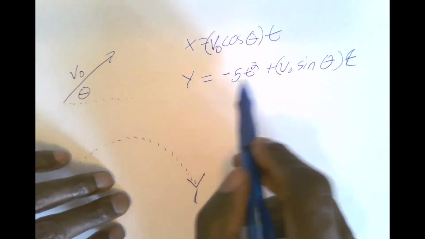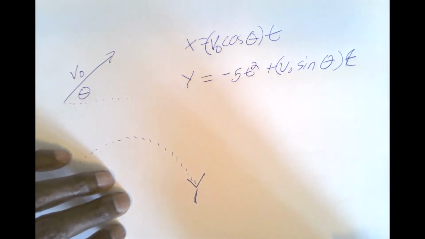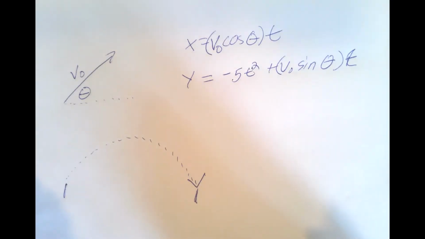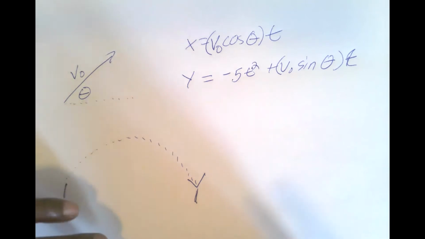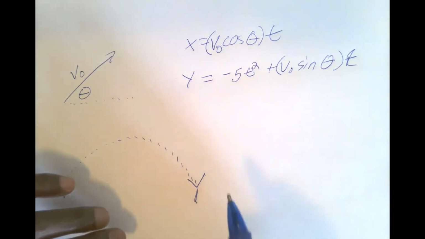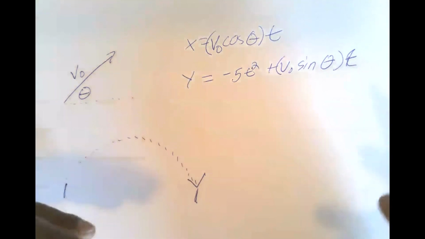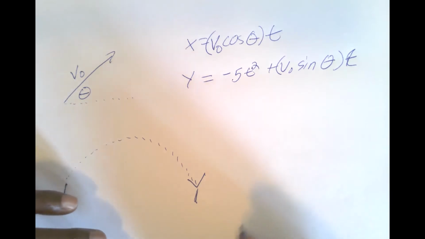Now, these are well-known functions for the horizontal and vertical position, respectively. Just a little bit of background on how we get those. These two formulas represent distance primarily, and you know that speed is distance over time, so distance is speed times time.